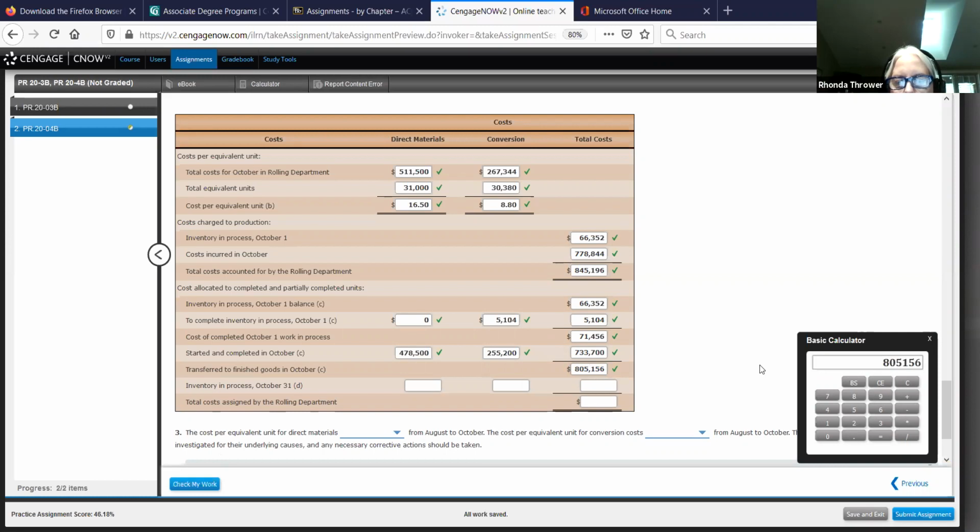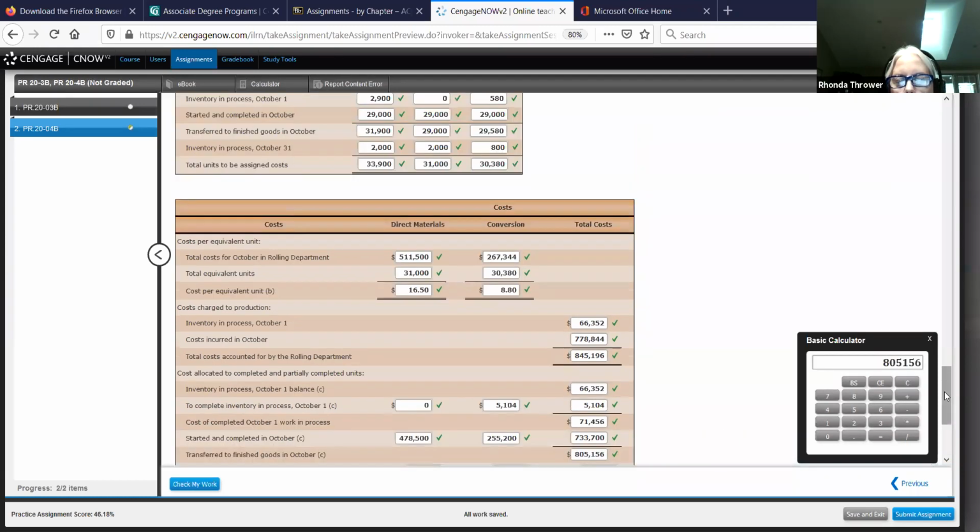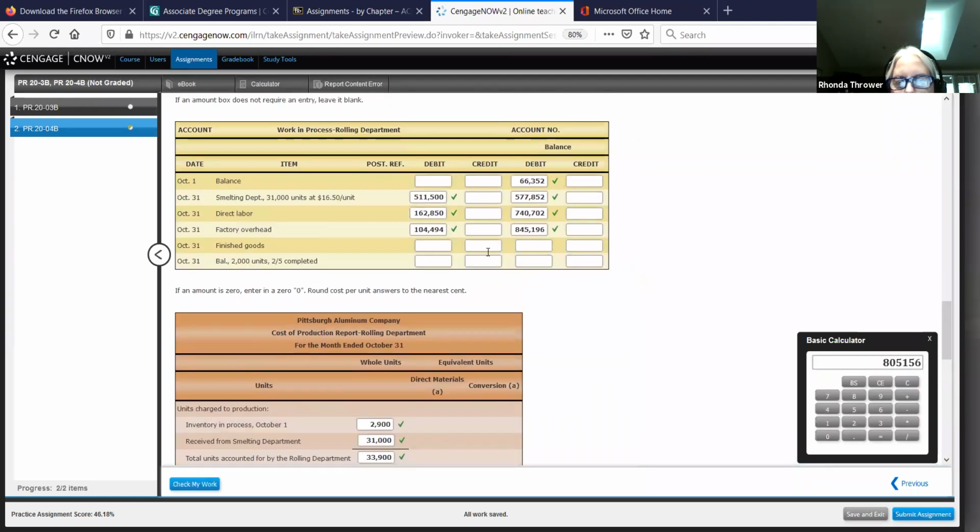And this amount is what you need to plug in here as a credit because you're transferring out 805,156 units here.